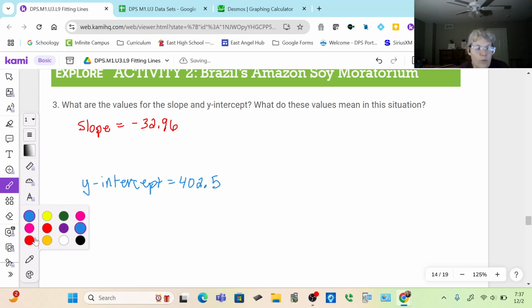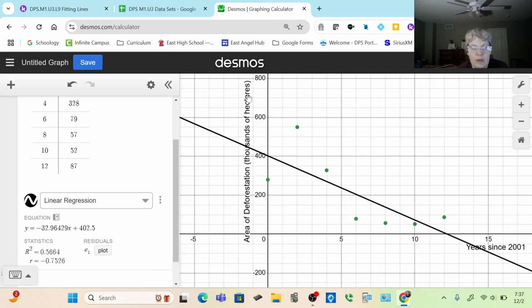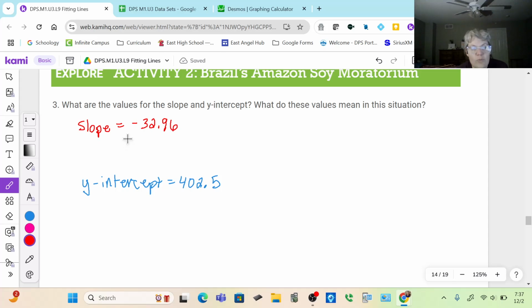Now, slope is rise over run. So if we just take another look at this graph, my rise is the area of deforestation over my run is years since 2001. So we're looking at thousands of hectares per year since 2001. And since our slope is negative, that tells me that I'm losing or I'm decreasing the number of hectares.